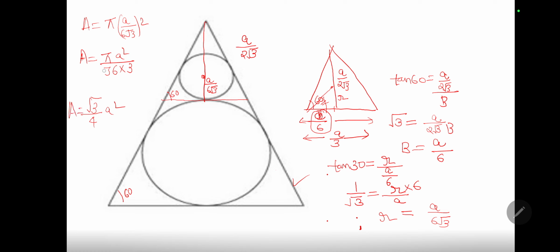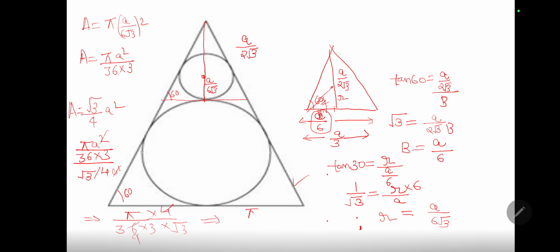If I make a ratio of the smaller circle to the triangle, can I say pi a square over 36 into 3, divided by root 3 by 4 a square. Let's quickly solve. Pi upon, this is also a square, so a square gets cancelled. 36 into 3 divided by root 3 into 4, 4 nines are 36.